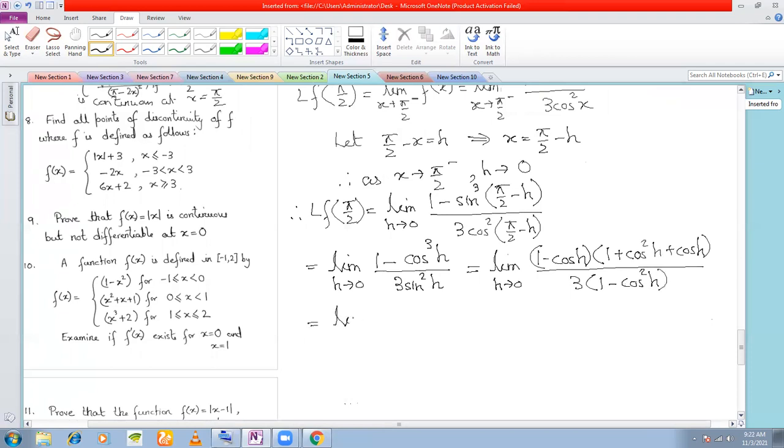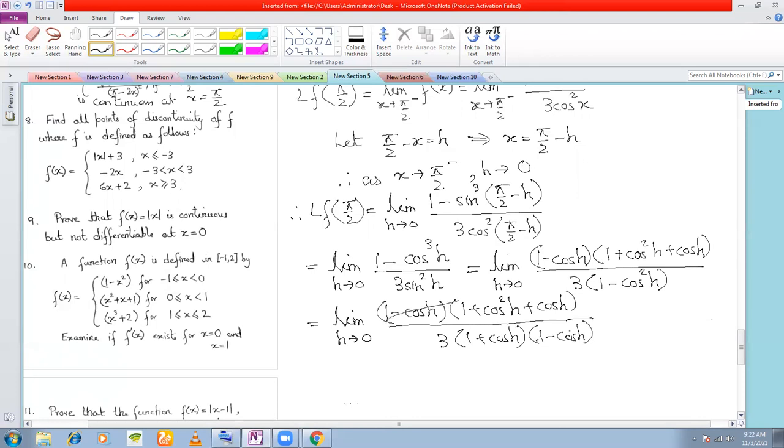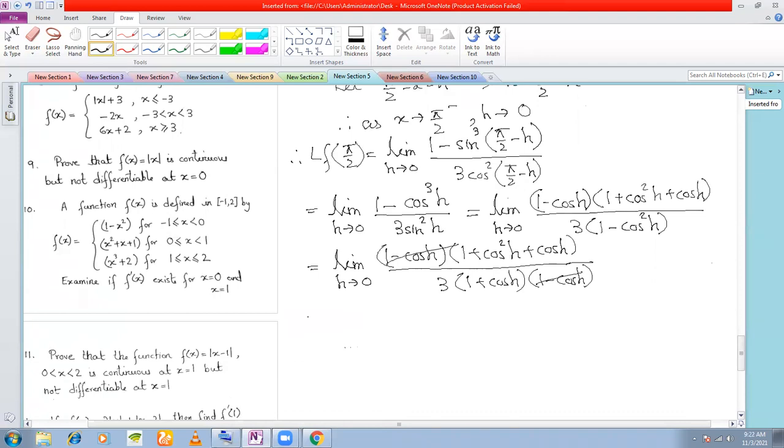So you get limit h tends to 0, 1 minus cos h into 1 plus cos square h plus cos h divided by 3 into 1 plus cos h into 1 minus cos h. So what happens here, 1 minus cos h will actually cancel from the numerator and denominator. Okay, so now are we in a position to put h is equal to 0?